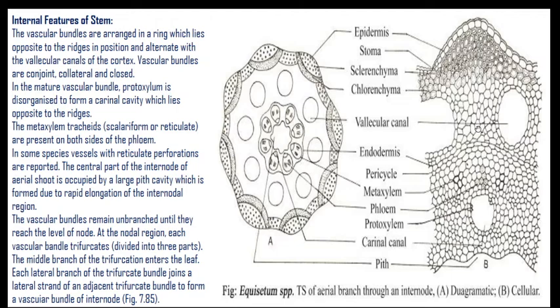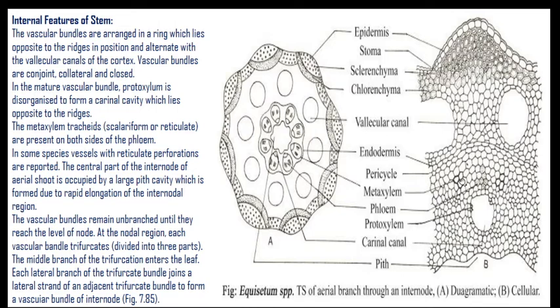This complete patch is called the cortex, and below that there is the endodermis. So this one is the endodermis. Below that endodermis there is a pericycle, and below that pericycle there is metaxylem.